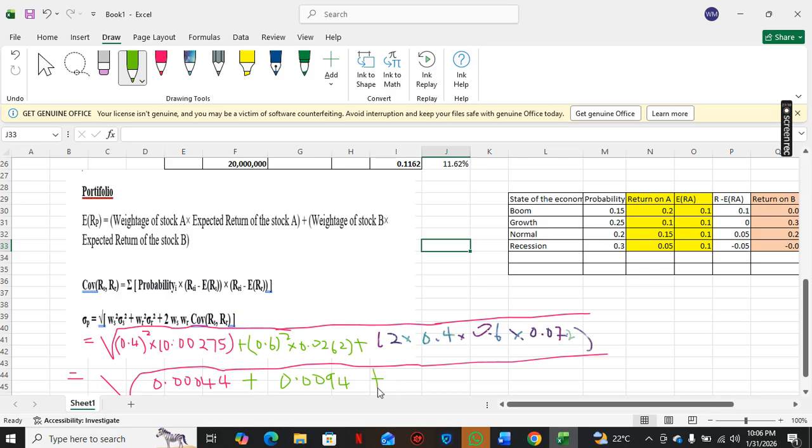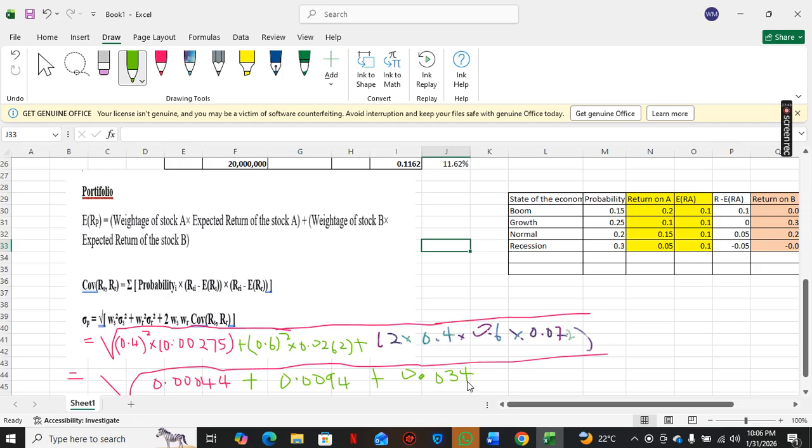Plus 2 times 0.4 multiplied by 0.6 multiplied by 0.072, which is 0.034.